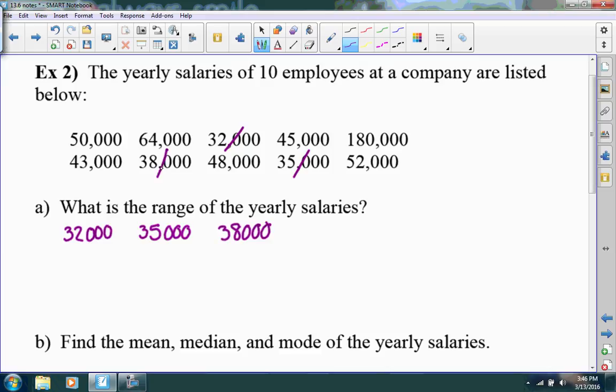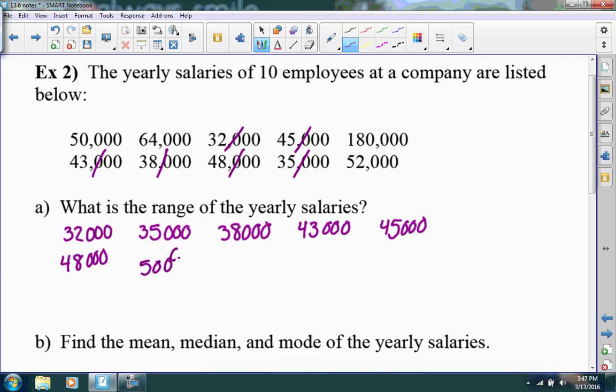And then I'm out of the 30s, so then I have 40s, but 43 is the smallest. And then 45. And then I'm going to make a second column, or second row as well. Then I also have 48. And then I'm out of the 40s, and then I have 50,000.